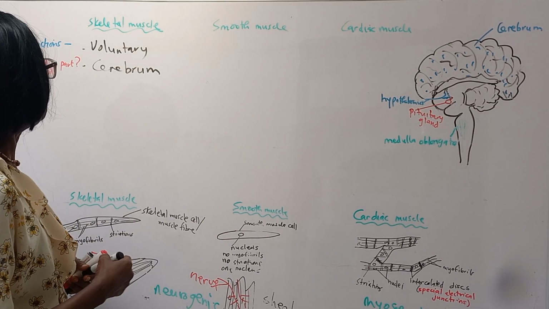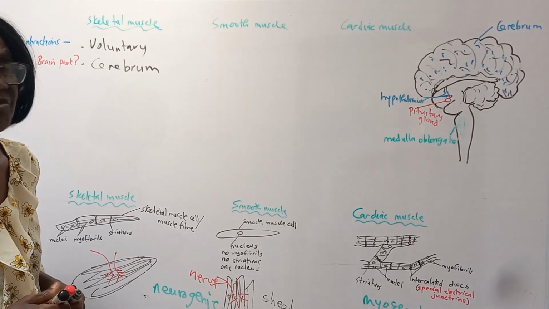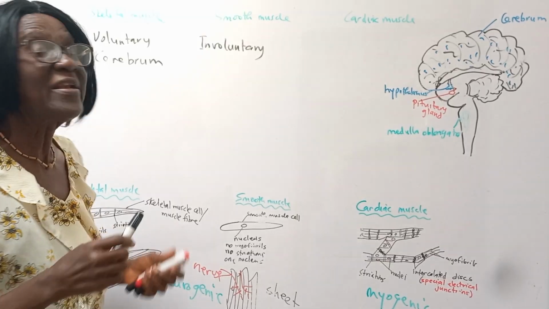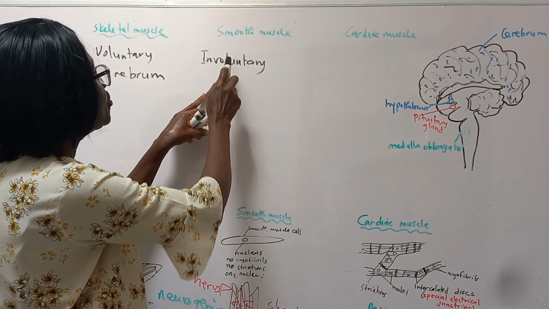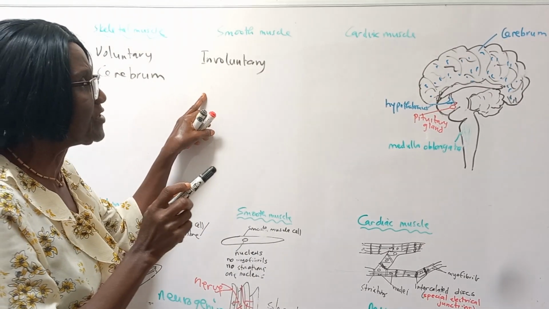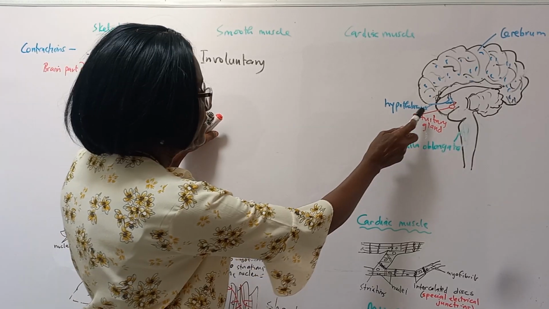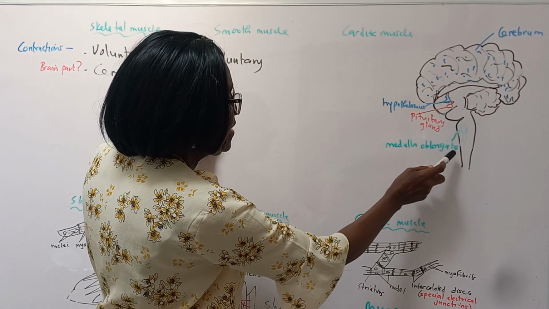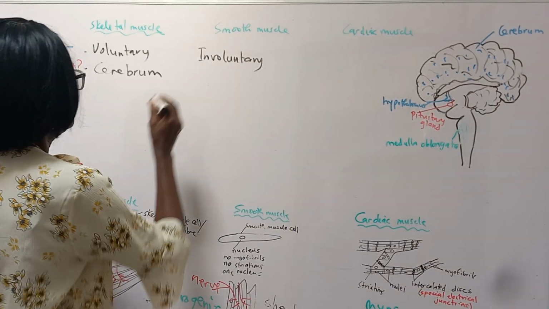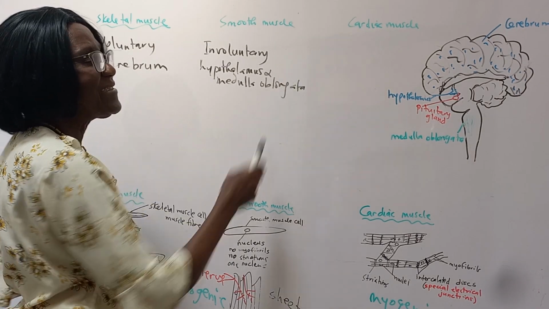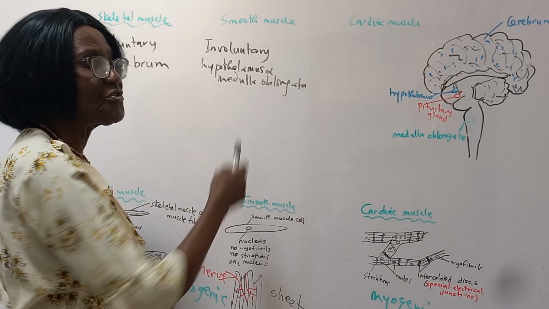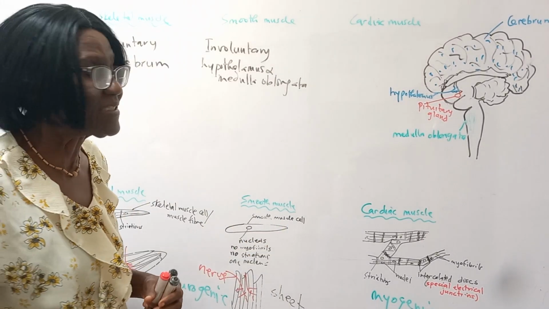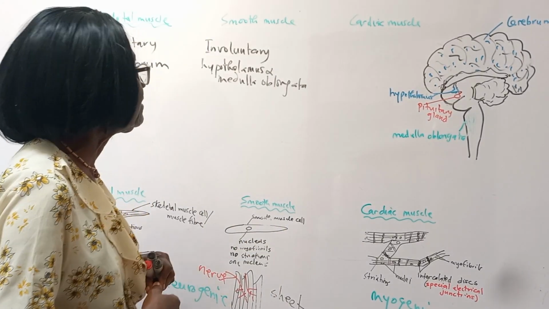Contractions of smooth muscle are involuntary. One cannot control them, and the parts of the brain that control smooth muscle contractions and relaxations are the hypothalamus and medulla oblongata. Cardiac muscle contractions are also involuntary. One cannot control them. They are not under the control of the will.